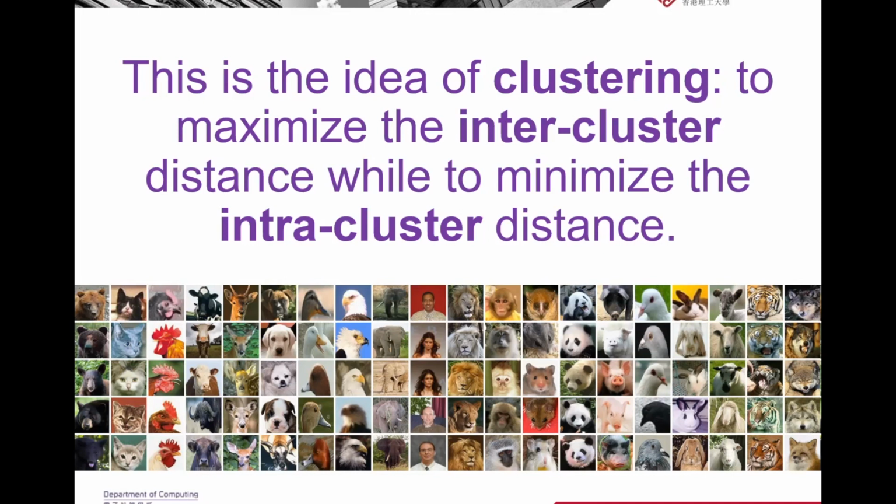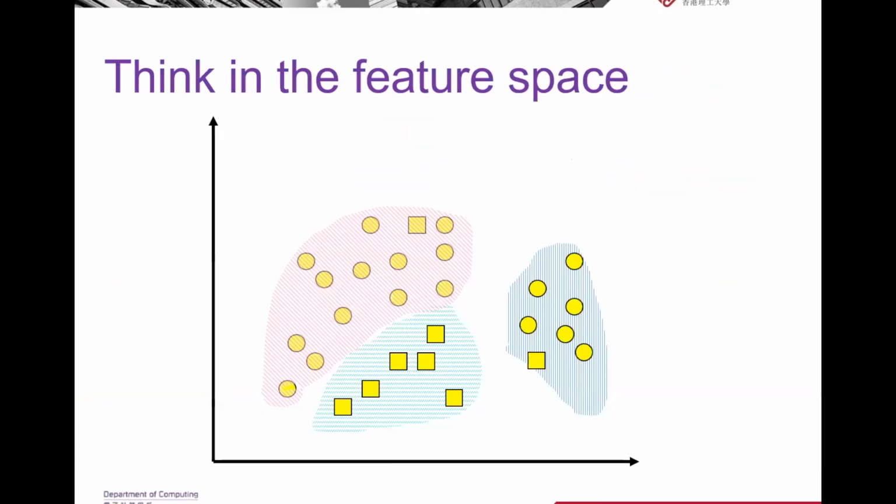We're going to minimize the distances there, to put the member images, member vectors, at minimum distance to each other, and at the same time increase the distance between clusters, called intercluster. So intercluster and intracluster are two terms you have to keep in mind. Think about it in the feature space, and you will see what we have said.